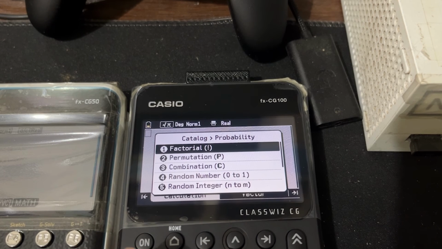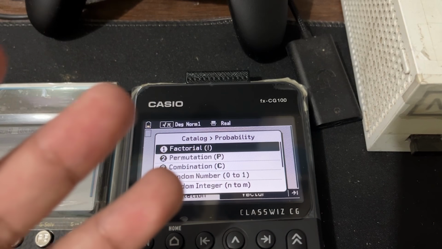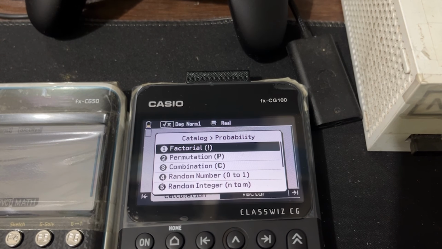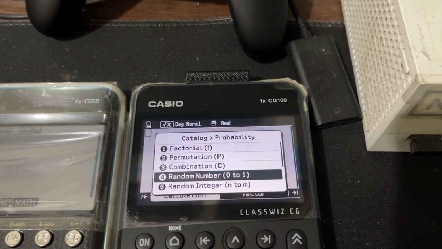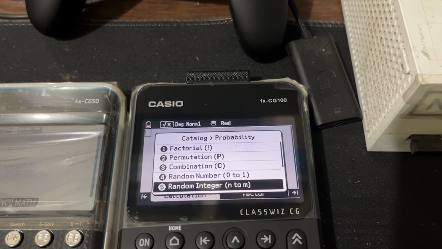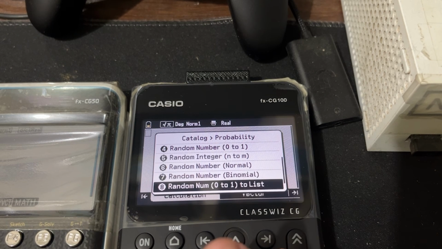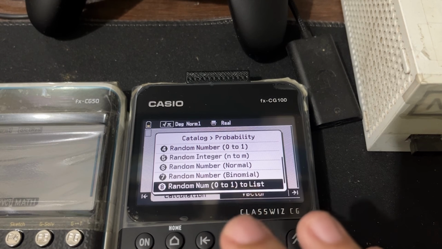Random. Probability is basically like a slot machine of random numbers. Random numbers from 0 to 1, random integers, random numbers, all randoms. It's probabilities like gambling stuff.